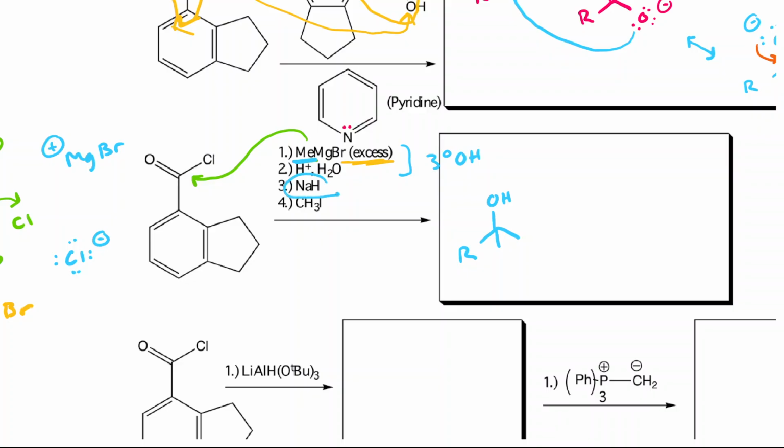Then these two steps are going to allow the molecule to do an SN2-like reaction where you just exchange the H of the alcohol for whatever this is.